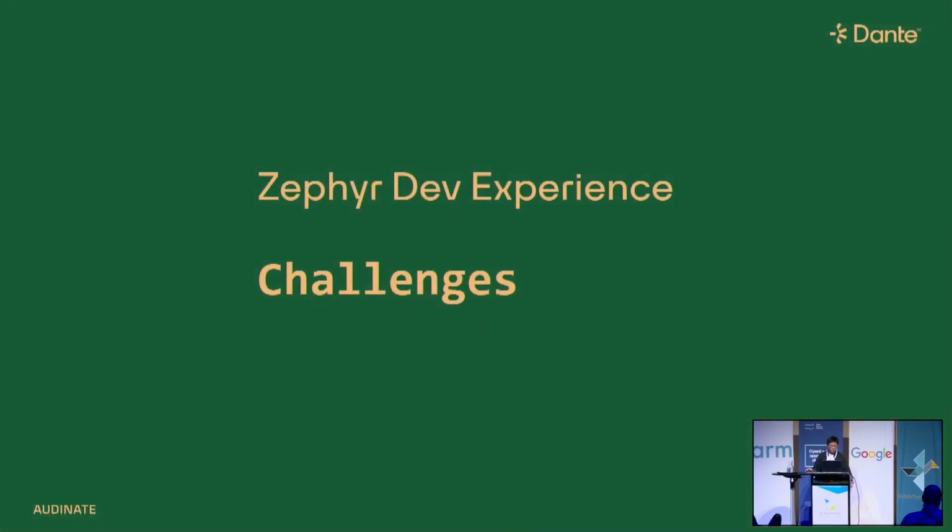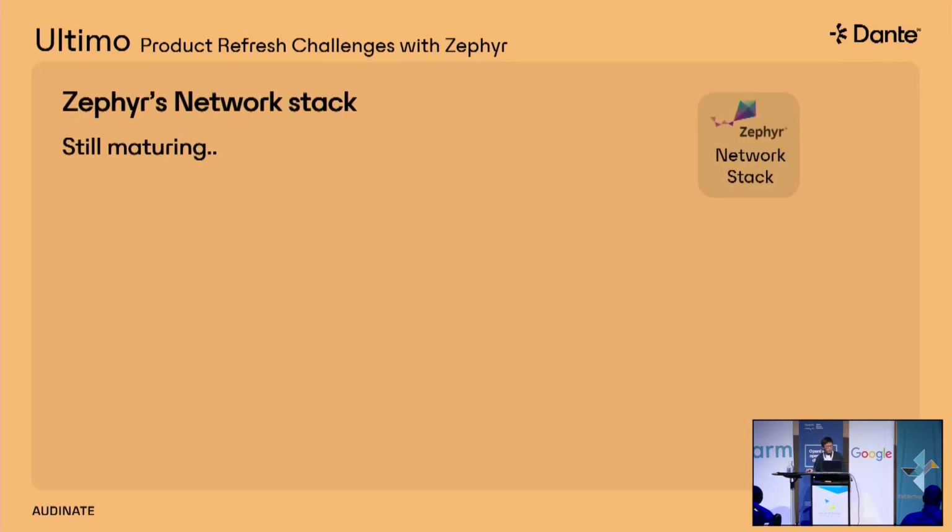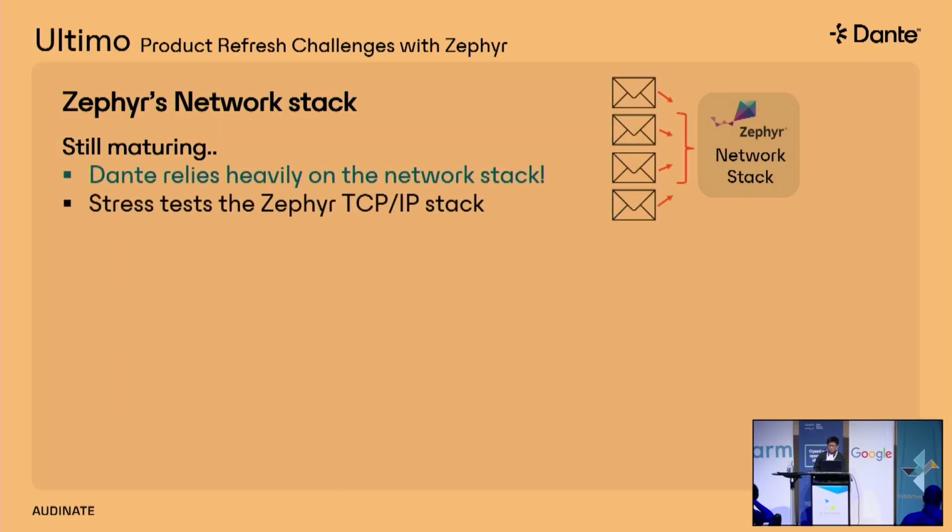Looking back, there were definitely challenges, and not necessarily just those risks; there were additional challenges that we also faced. For example, although Zephyr has a native network stack, it was still maturing. Dante is a networking product, so we're sending audio through the network stack and trying to squeeze in as much audio as possible.